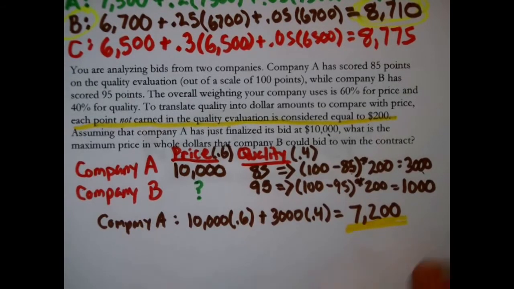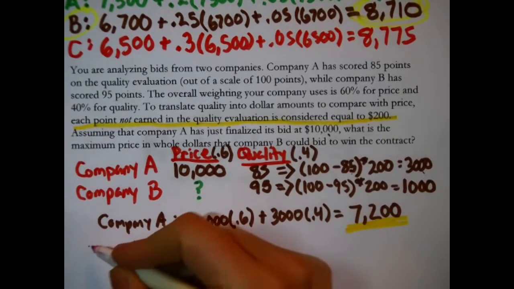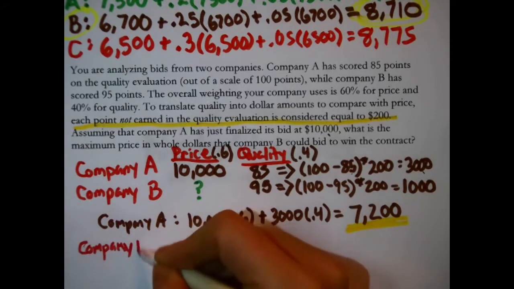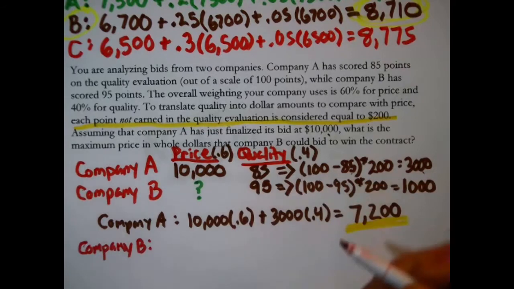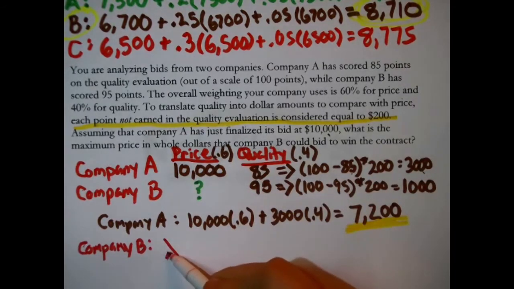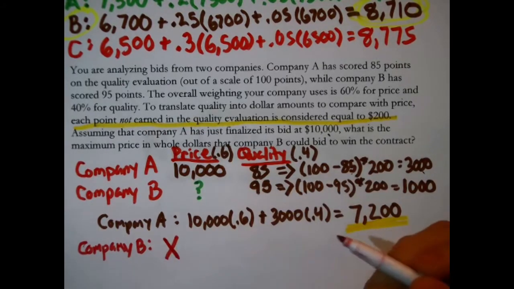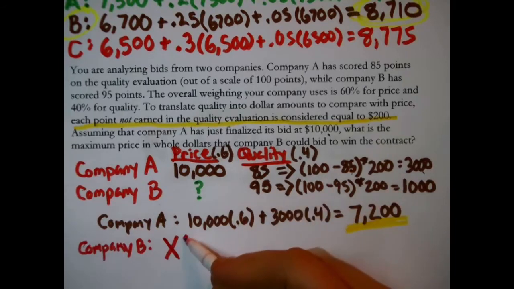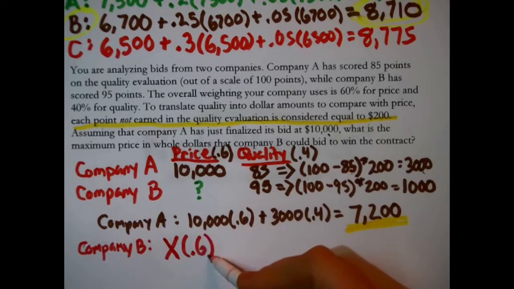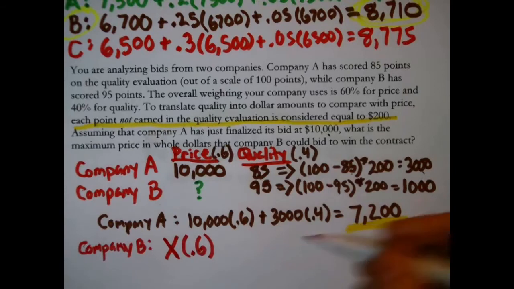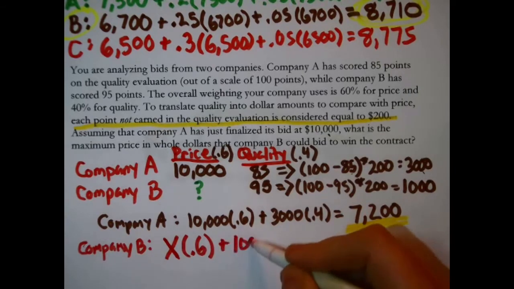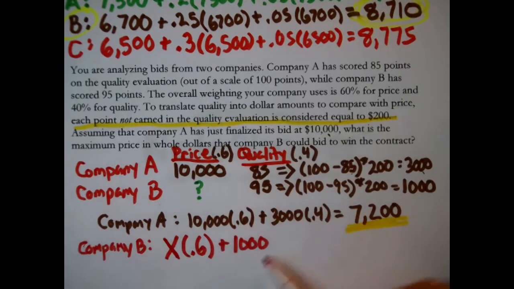If we were calculating the score for Company B, we would say, well, we don't know the price, right? So I'm just going to put an X there, but we know that it would be multiplied by 0.6 because that's the methodology being used here. And then we do know the penalty for quality, the 1,000 in the case of Company B times the same 0.4 that we used last time.